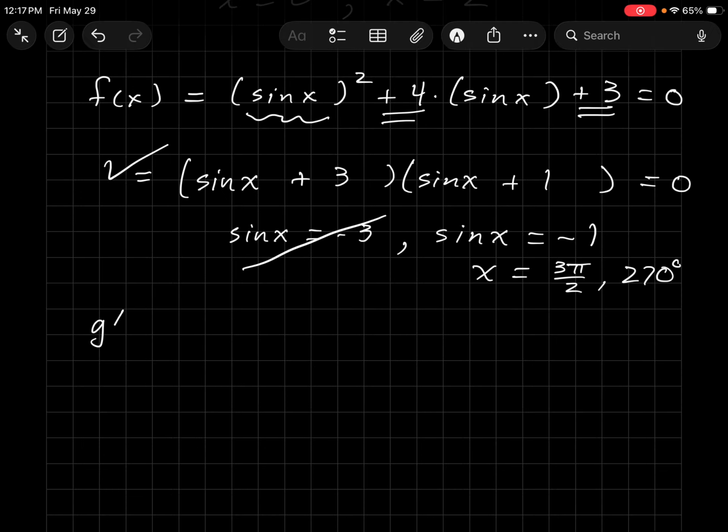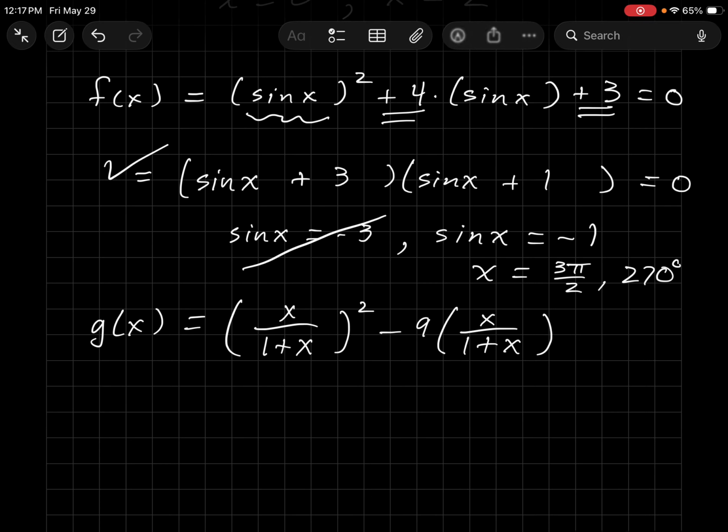How about this final one? Let's define g of x to be quantity x over 1 plus x all squared minus 9 times quantity x over 1 plus x plus 14. Can you factor this one?